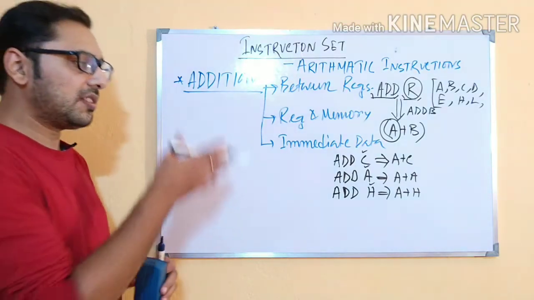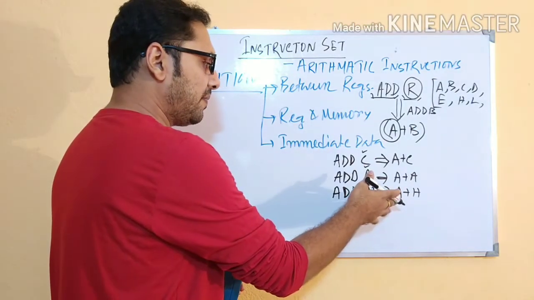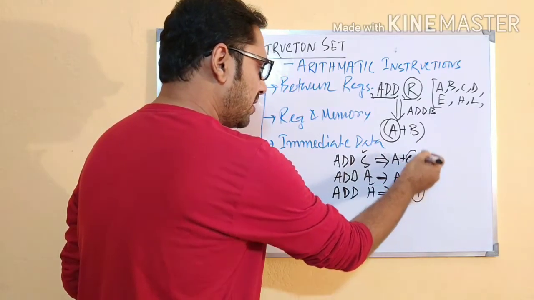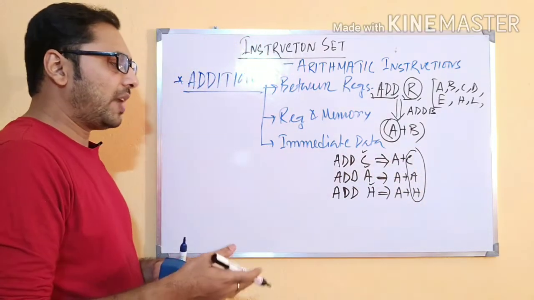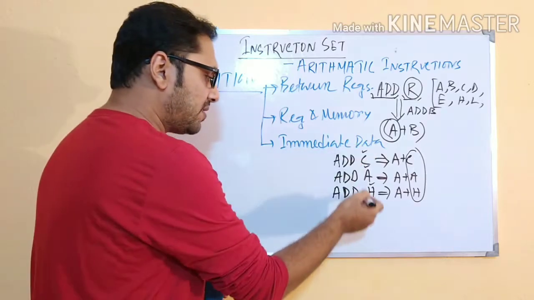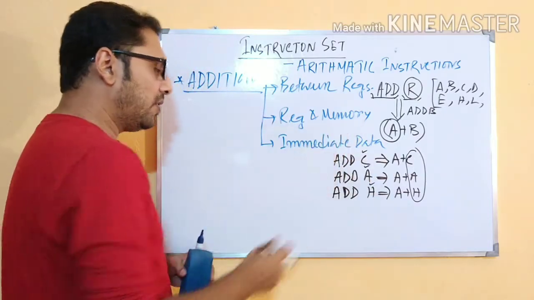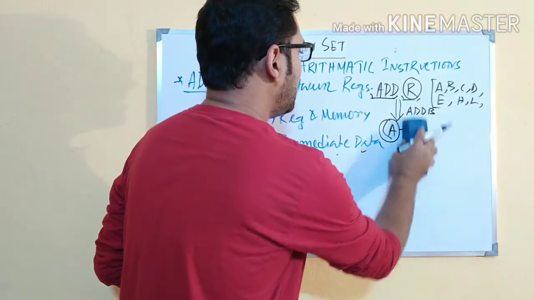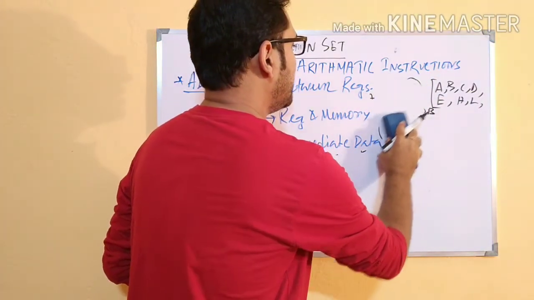So in all these cases, A is common, and the another operand or the register that we want to add with accumulator is present here. Hopefully you can understand this one. So that is the example of addition between two registers.